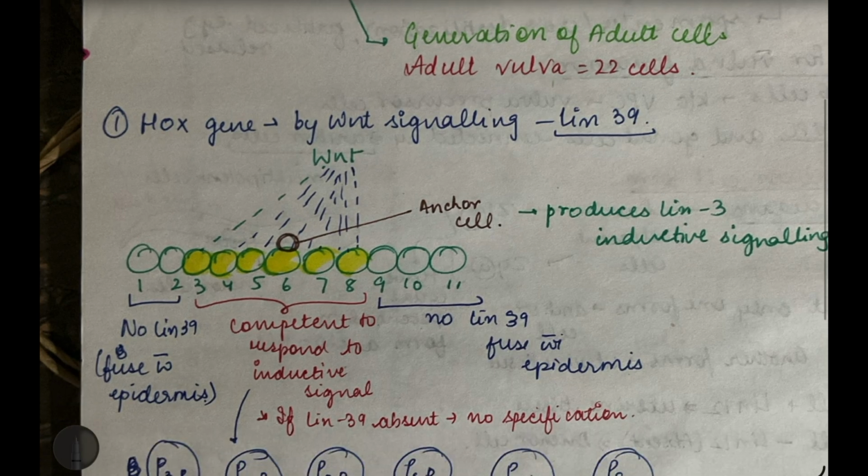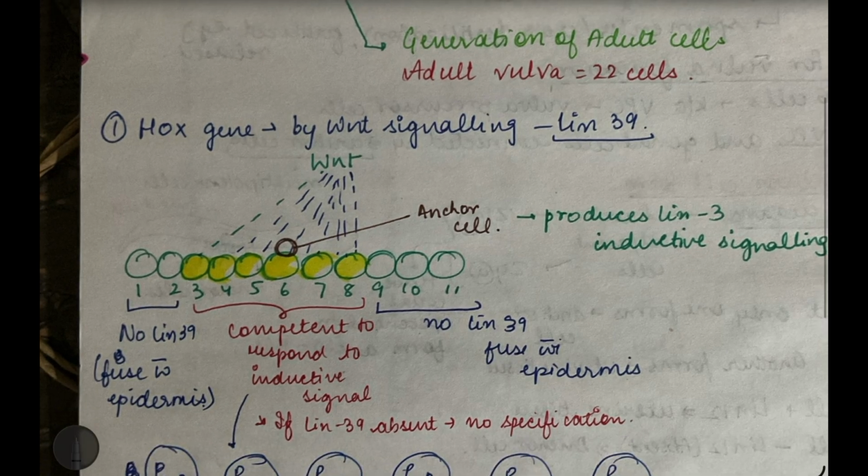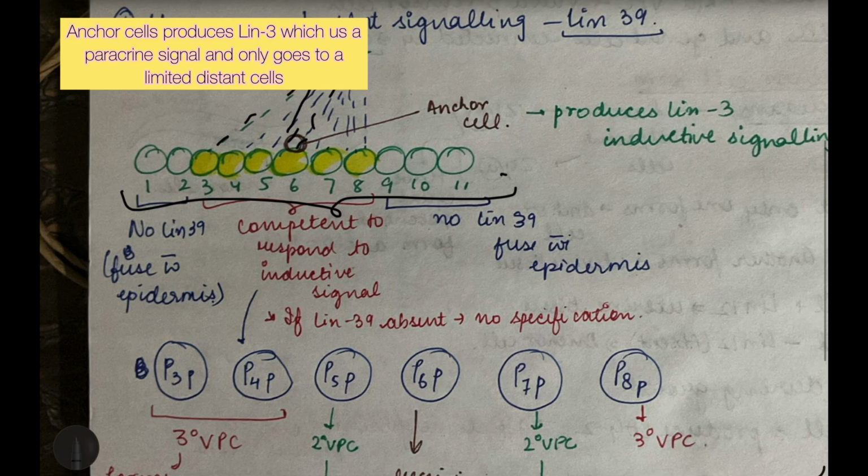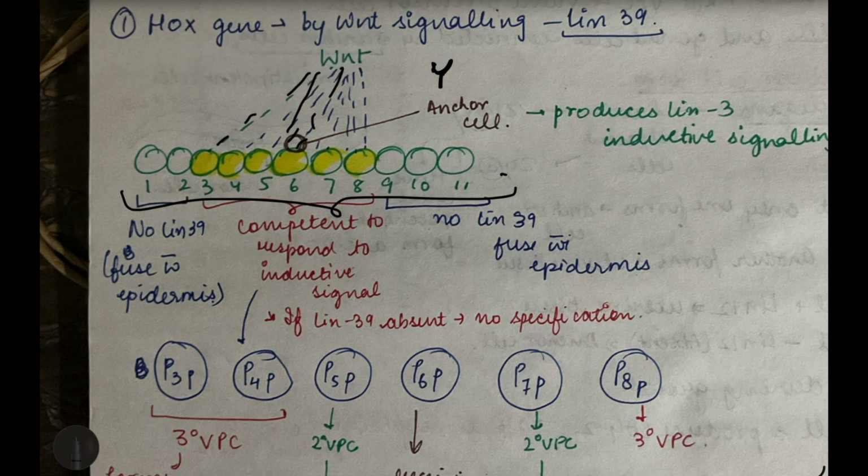Let's see. By WNT signaling. Suppose these are the 11 cells. These cells receive WNT, and these cells which have Lin3 receptors help lead to the formation of anchor cells. So this has the maximum number of receptors. So this cell leads to the formation of primary VPC, right?